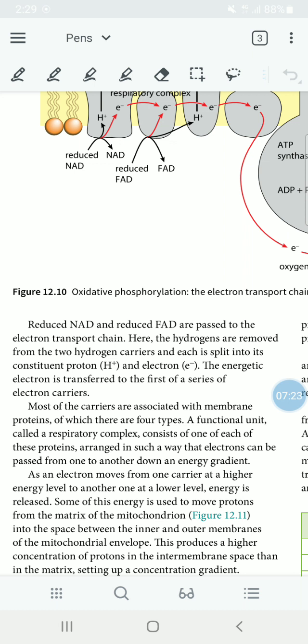Next point. Some of this energy is used to transport the protons into the space between the inner and outer membranes of the mitochondrial envelope.